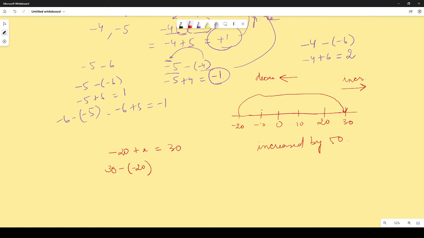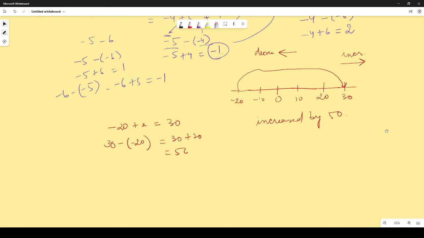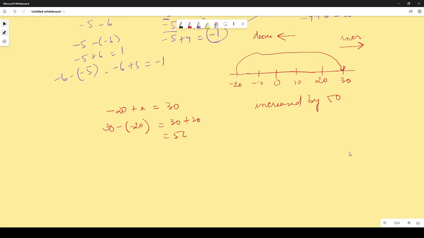What is the difference that is being made? It will turn out to be 30 plus 20, which is 50. So here also you can say that if there is something that needs to be added to this minus 20, it will give you 30.